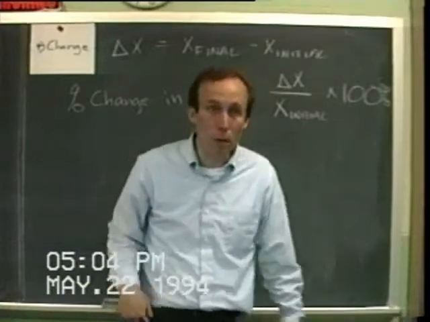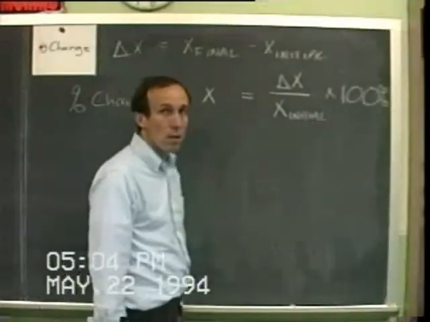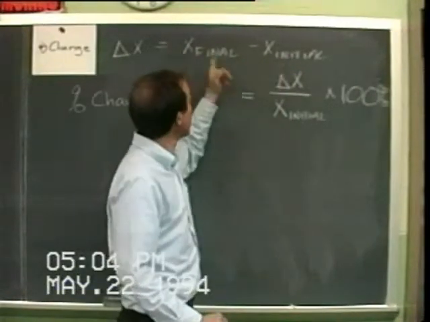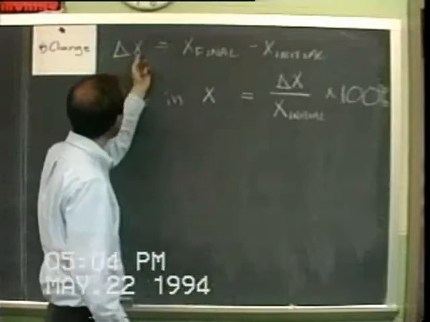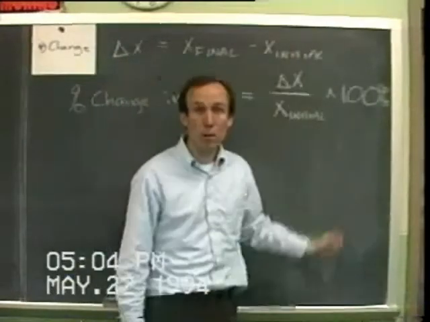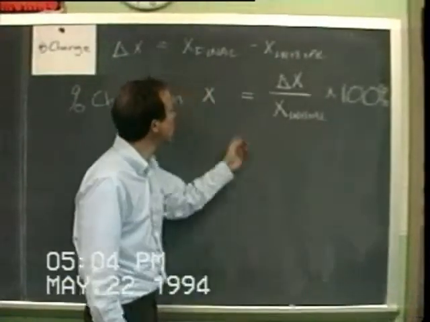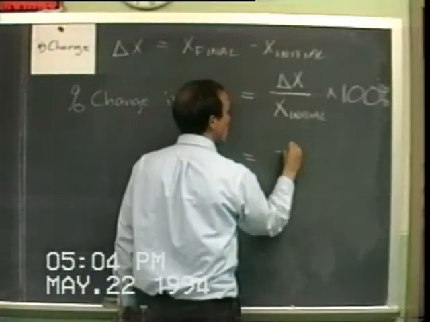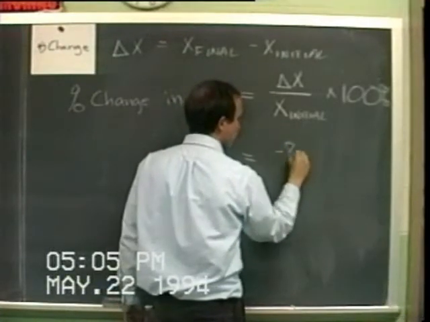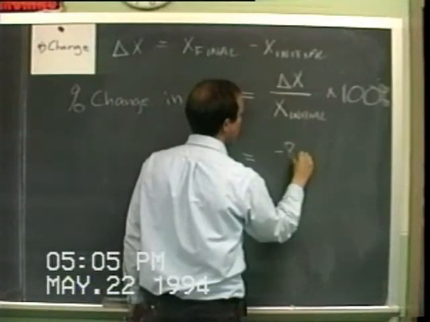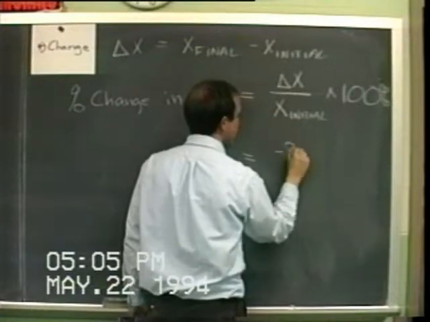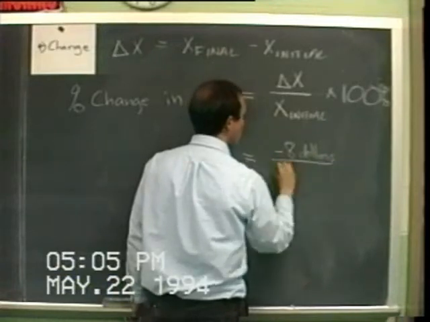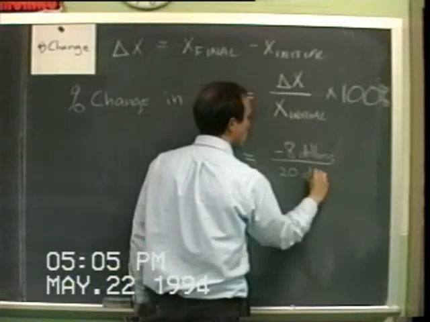So in my case, I go to the racetrack with 20 bucks, come back with 12 bucks. My change in funds is the 12 bucks minus the 20 bucks, minus $8. And then the percent change in my funding is the minus $8, I'll write it that way, divided by $20.